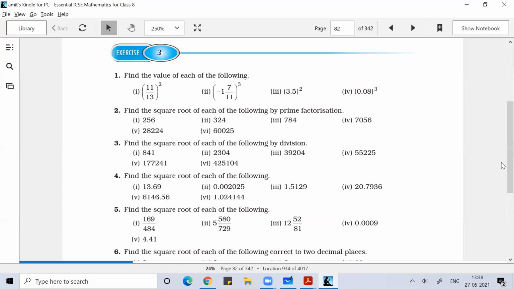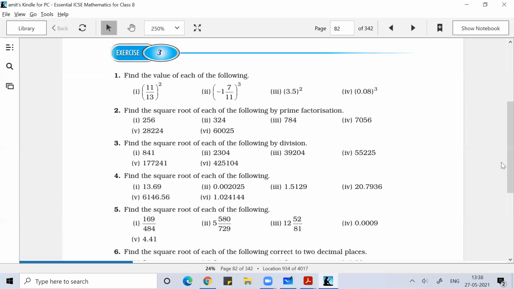Sir, I got the answer for the second one. First one is 16 square. Then the second one is 18 square. Correct. Third one is 28 square.